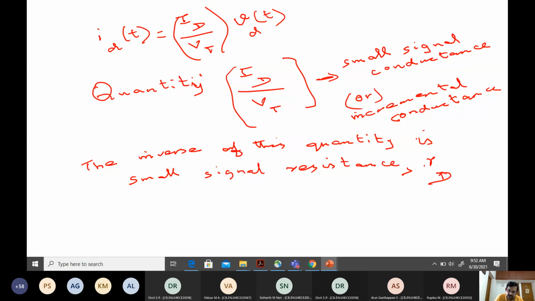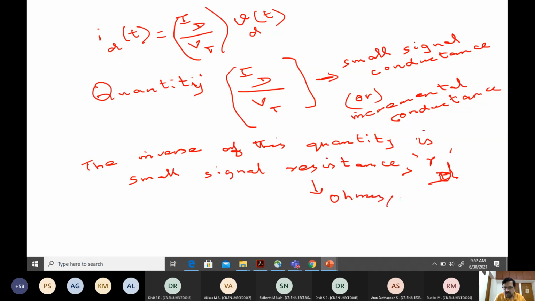Capital D represents the diode, small r represents a small signal resistance. I think since it is small signal, I will be tempted to use small d rather. So small r, small d. This is the small signal resistance. Obviously this unit will be in ohms.